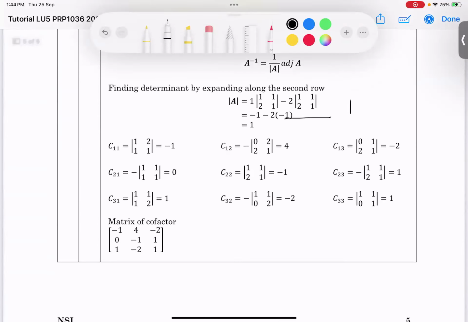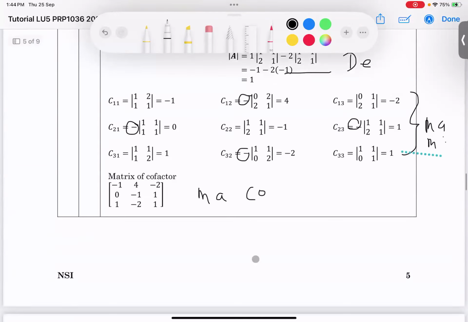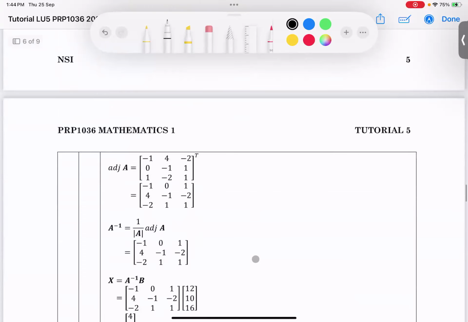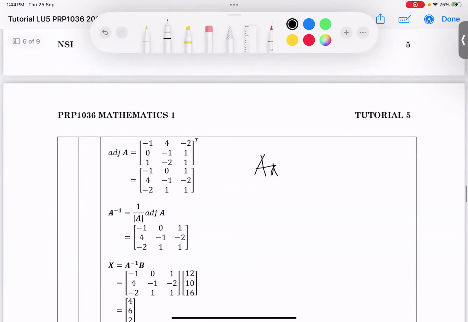Find the determinant. Then find the matrix minor. Take note of this symbol. Then after that, look for your matrix cofactor, and then proceed to find your adjoint matrix, then the adjoint inverse.